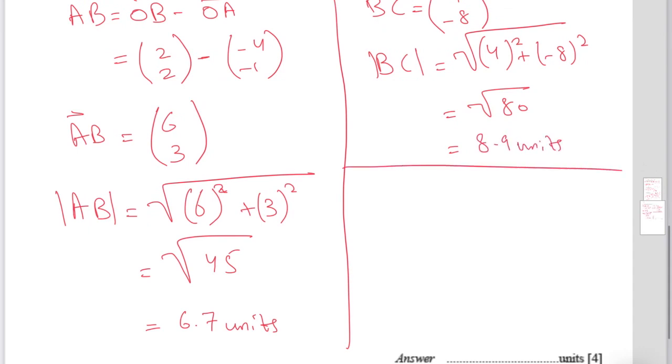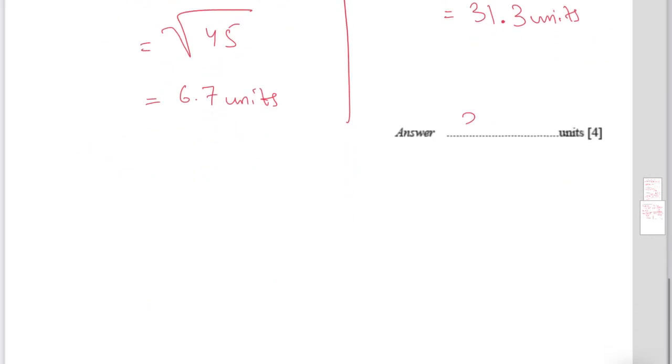Okay, so to find the perimeter of this shape, we add 8.9 and 6.7 and multiply it by 2 so that we have the length of all sides. 8.9 plus 6.7 times 2 gives us 31.3 units, which is the perimeter. So we write the answer over here, 31.3.